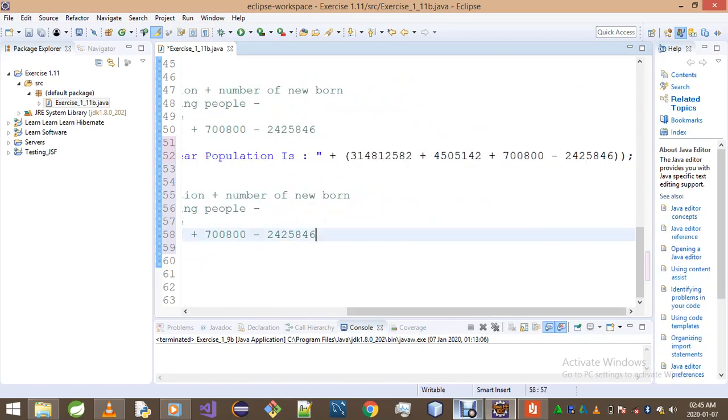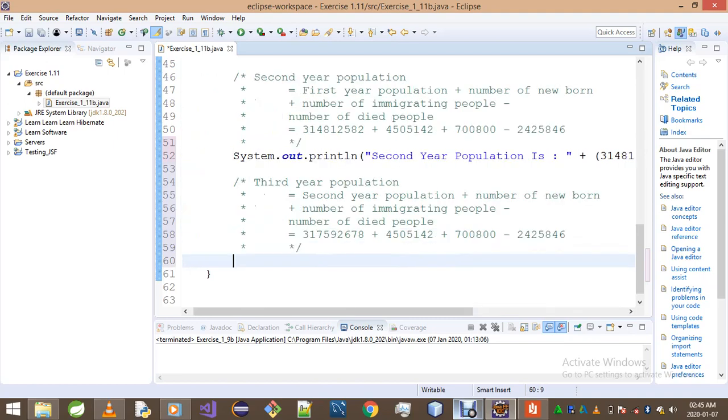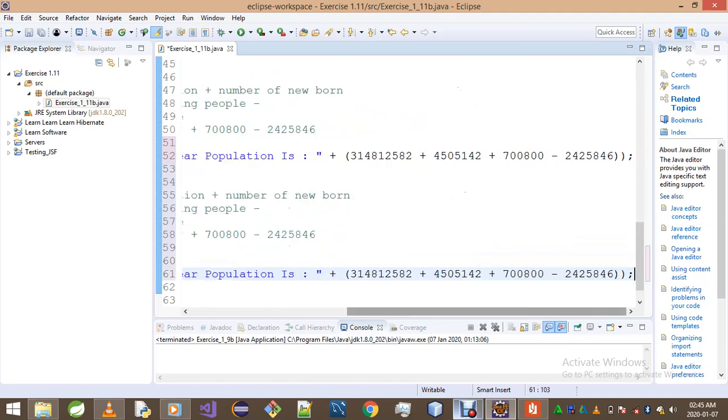You're gonna keep copying and pasting. That's what you're gonna be doing.